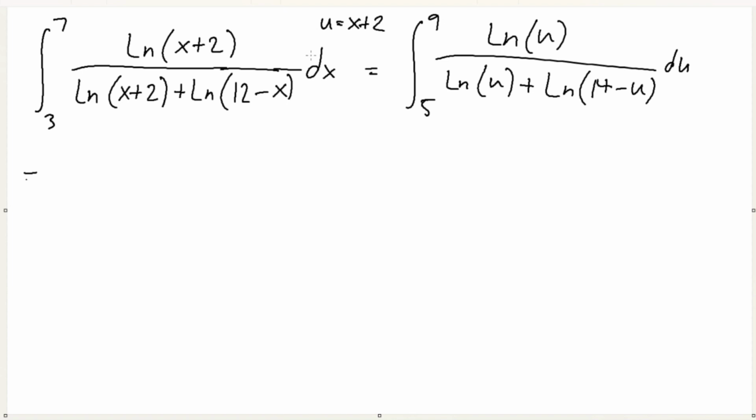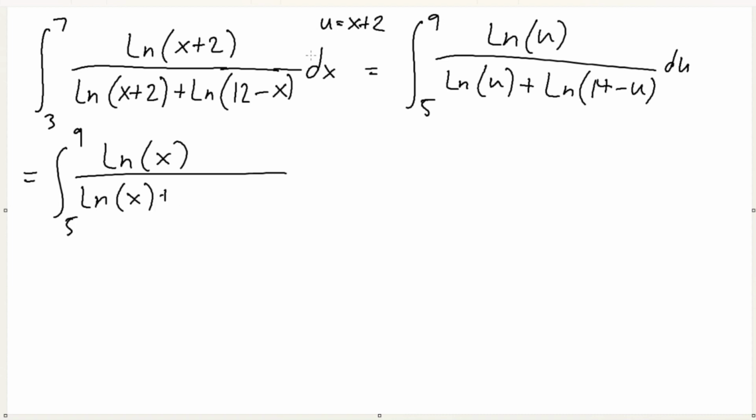This would still equal the same thing. 5, 9, ln of x. They still equal the same value. So I can just interchange my variables. Again, I'm going to repeat, you can only do this for definite integrals.